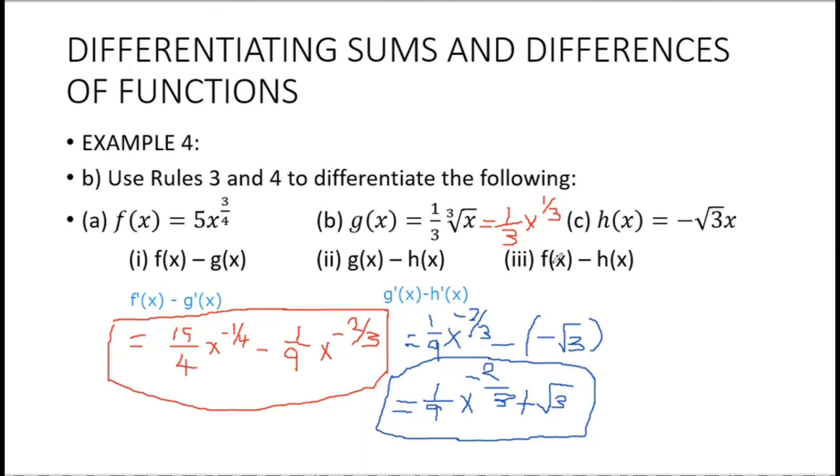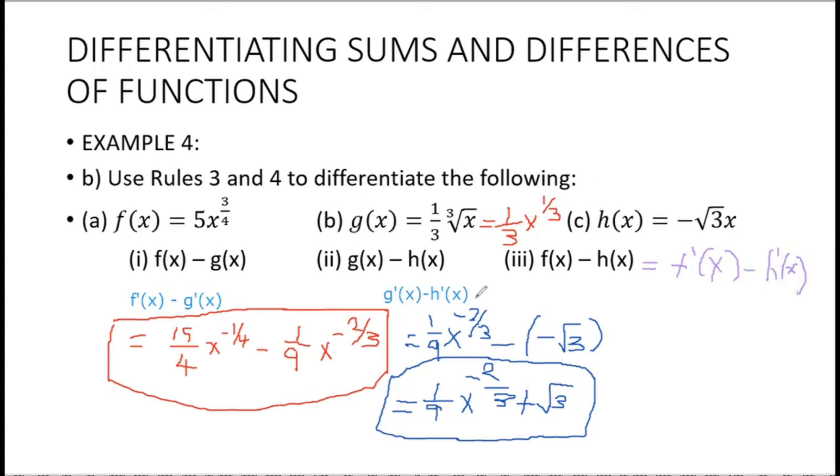Next, third I. The difference of f of x minus h of x. So, para makuha natin yan, kuhanin lang natin ang f prime of x minus h prime of x.